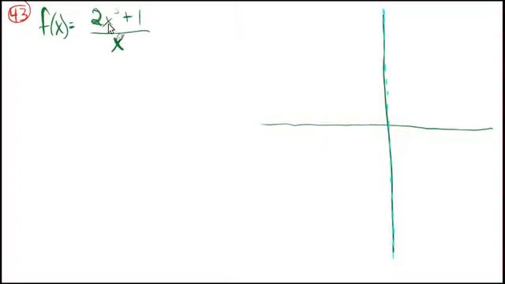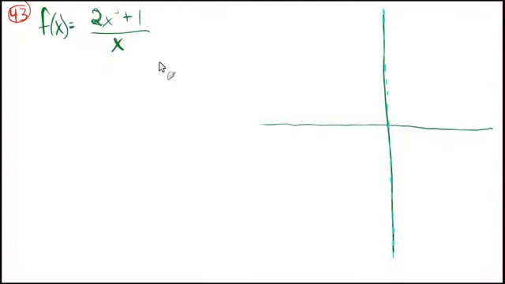There's only going to be a horizontal asymptote if either the degree of the numerator and denominator are the same, or the denominator has a greater degree. But here, the numerator has a greater degree. It's degree 2 versus degree 1. So this numerator is going to get much larger in comparison to the degree of the denominator.